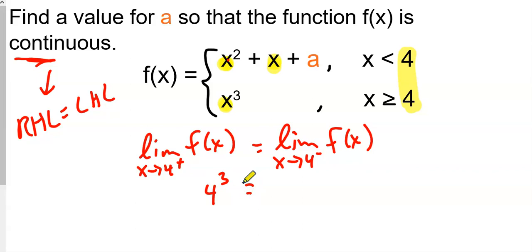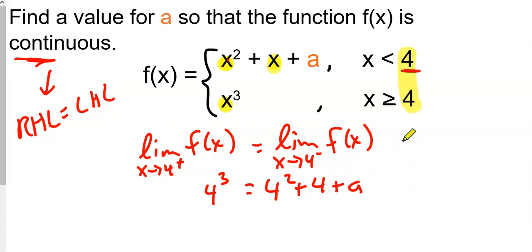For my left-hand side, I have x squared plus x plus a, but again, I'm going to plug in 4 for my x's. So I'm going to do 4 squared plus 4 plus a, and now I'm going to solve for a.